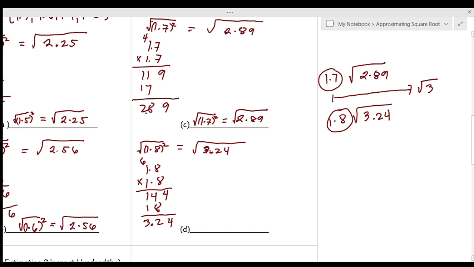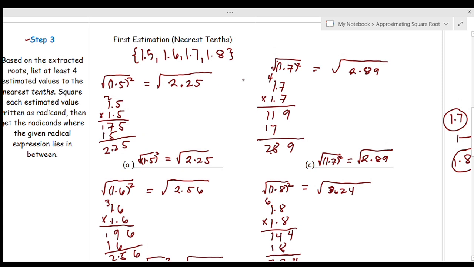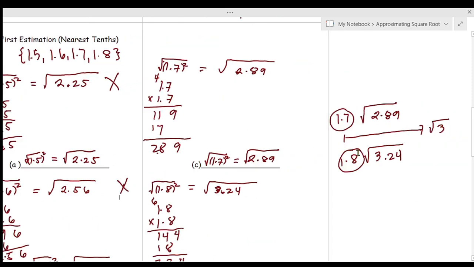So meaning to say, we're going to use this 1.7 and 1.8 to our next estimation. So ano mangyayari doon sa first two? Mas malayo siya sa square root of 3, so therefore hindi na natin siya kukunin. Ang kukunin na natin is yung 1.7 to 1.8. So anong gagawin natin dyan?